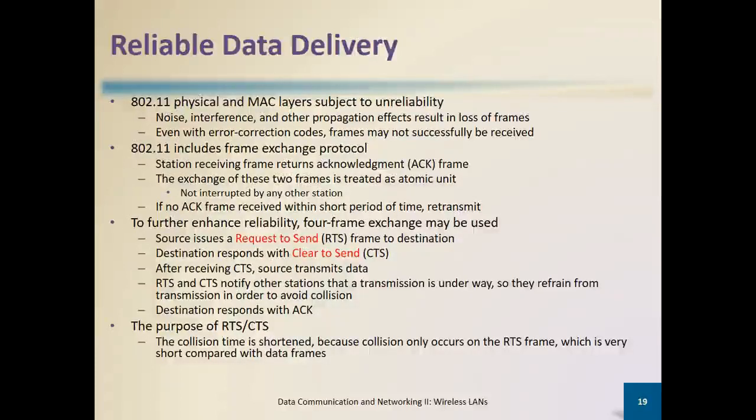So the purpose of RTS and CTS is to avoid collision by shortening that request to send frame in relation to the data being transmitted. That's the key purpose of your request to send and clear to send.